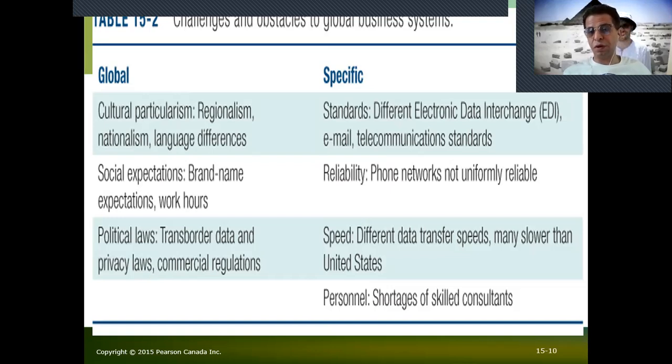On the specific part, there are the standards of EDI, electronic data interchange, like email and telecommunication standards. There is reliability: the phone network is not uniformly reliable. There is speed: data transfer speeds are different, many slower than in the United States and Canada. And in personnel, there is a shortage of skilled consultants.